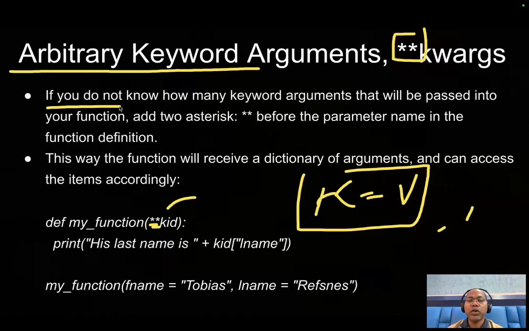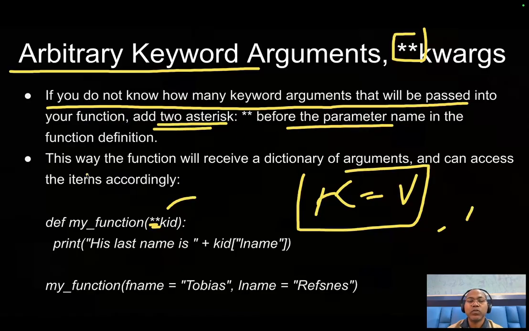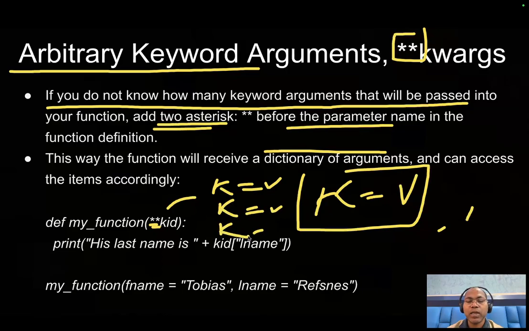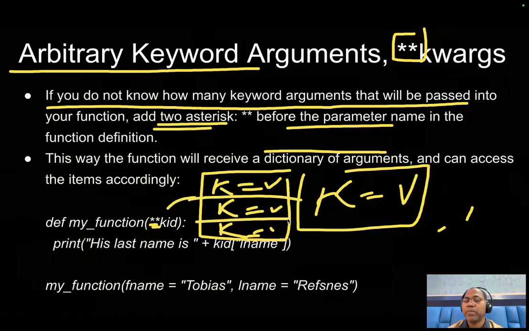If you do not know how many keyword arguments someone is going to pass to the function, add two asterisks before the parameter name, and this will allow the function to receive a dictionary, as in a map. Whenever you pass key and value, again key and value, again key and value, this is considered as a dictionary, so you can take the arguments.